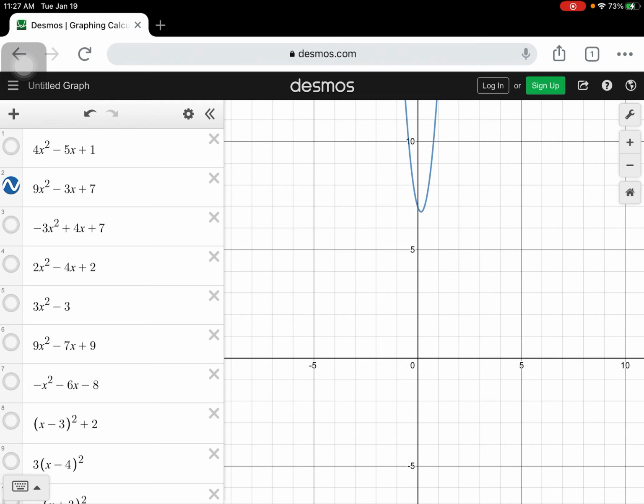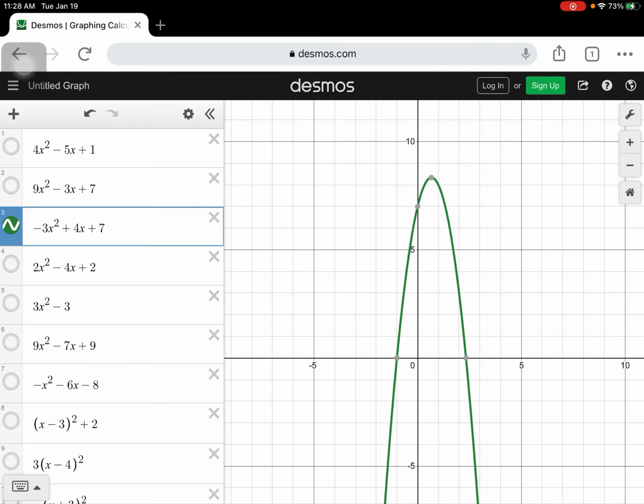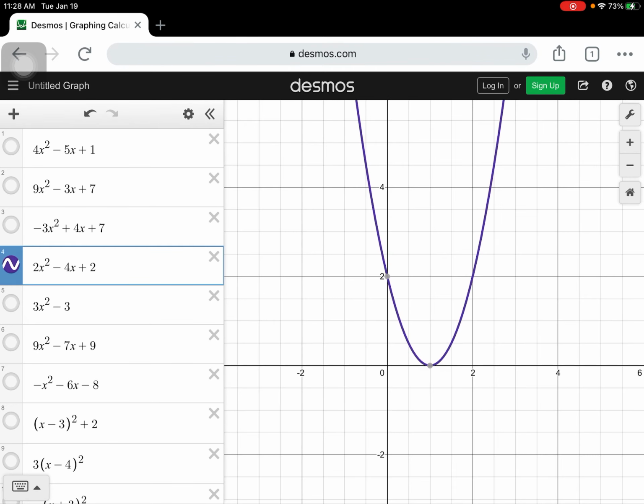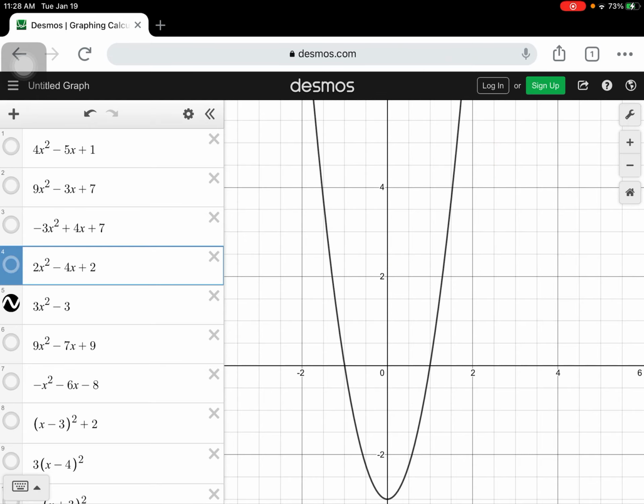Well, it doesn't cross at all, so number 2 does not cross the x-axis, so that's 2 complex solutions. Number 3 crosses the x-axis twice, so it has 2 real solutions. Number 4 touches the x-axis just once, and this is a double solution. It's where the graph's minimum or maximum point hits the x-axis, so it's one real solution, but it's a double.